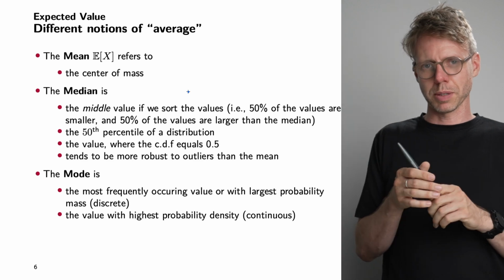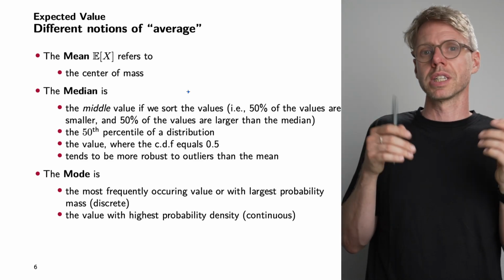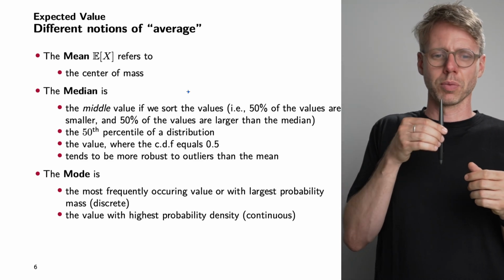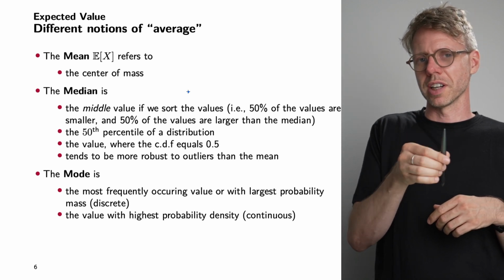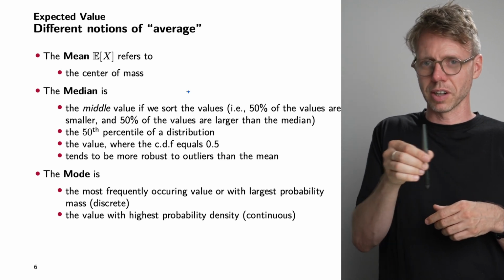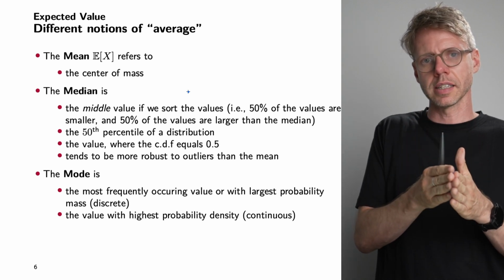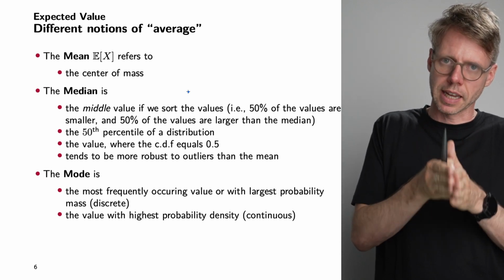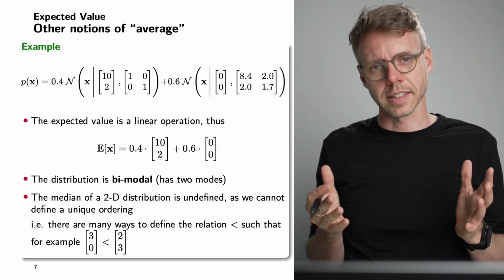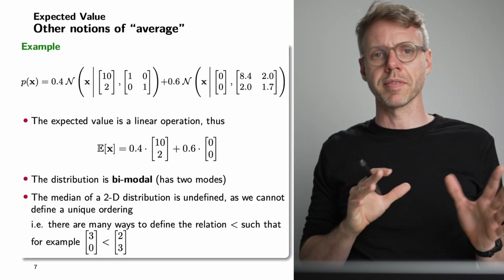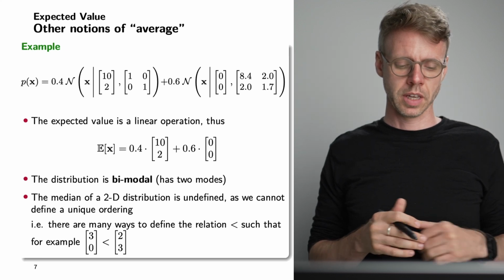So in the continuous case, we of course have to be a bit careful, because in principle the mode would never be actually occurring, because you basically can go infinitely close to it, but it's the point that has the highest probability density. As an example, let's look at the mixture of two bivariate normal distributions.